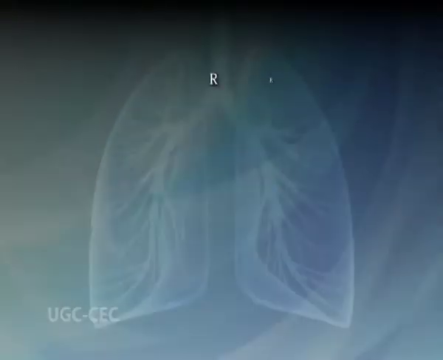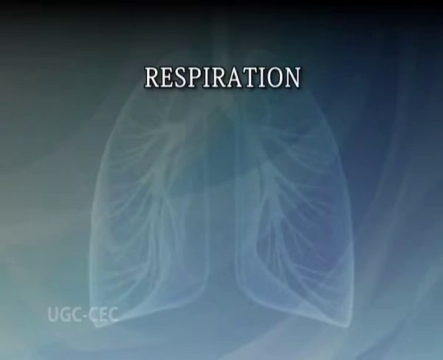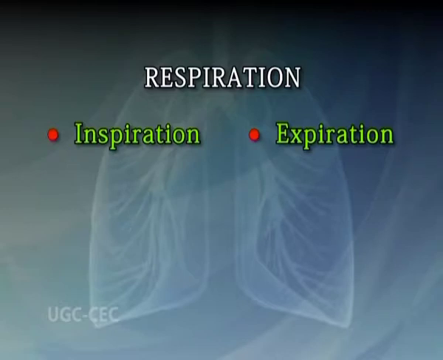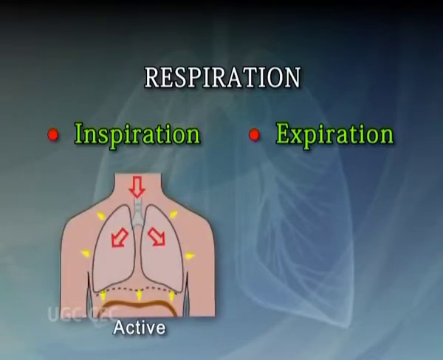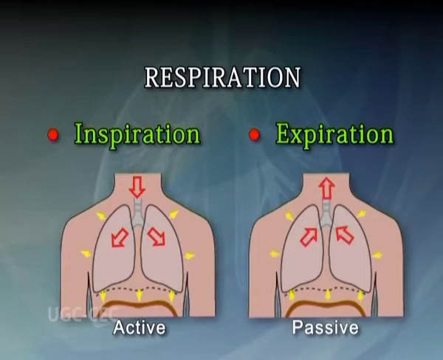This process of liberating energy is called respiration and involves the use of oxygen and the production of carbon dioxide. Respiration includes two processes, namely inspiration and expiration. Inspiration is the active process, while expiration is the passive.